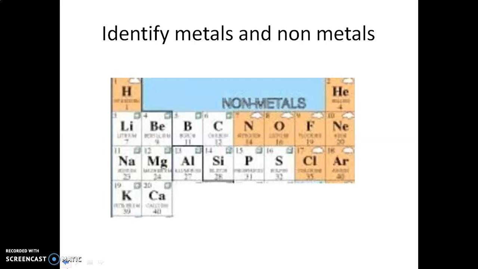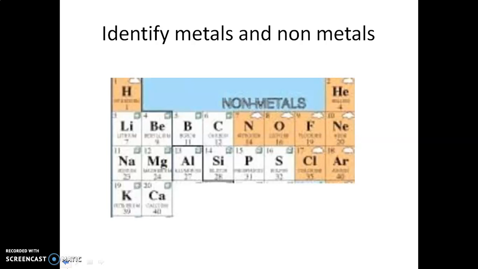Now, to identify the metals in the periodic table, on the left hand side, that's lithium, sodium, potassium, beryllium, magnesium, calcium and aluminium. These are metals. So to the left of the periodic table, we have metals. On the right, we have non-metals.